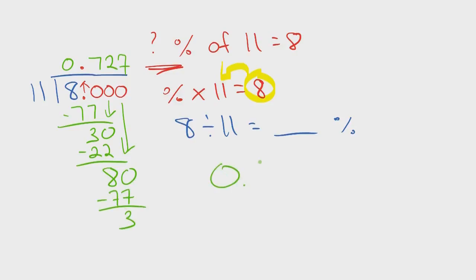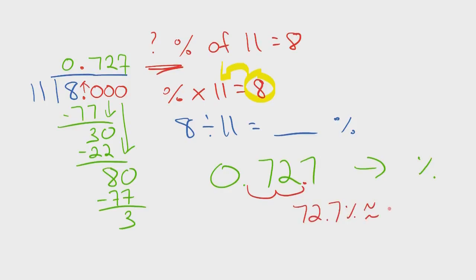We have 0.727, but we're changing this into a percent. We need to move the decimal 2 spaces, always 2, either left or right, to the right because we're changing a decimal to a percent. We end up with 72.7%, which is approximately 73%. Up here, this is 73%.